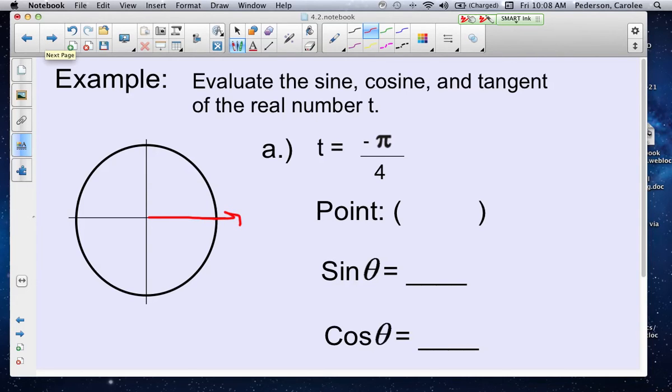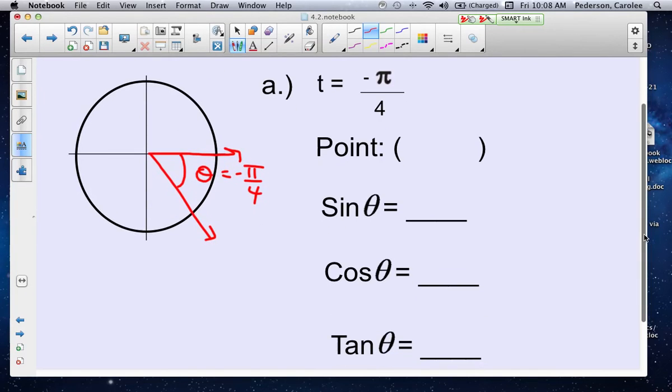So here is the initial. We're going to go in the negative direction, 1/4 of a pi. It is coterminal to 7 pi over 4. So should it have the same point? Yes.